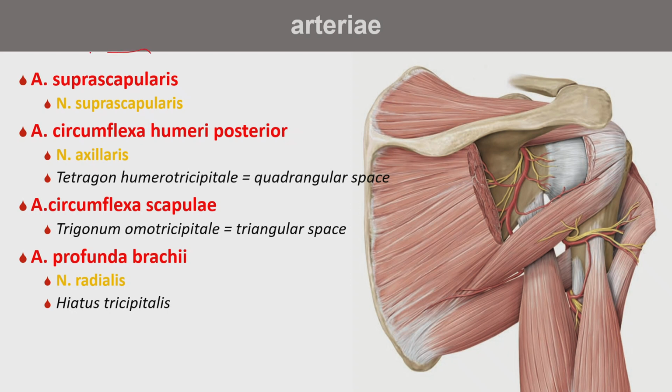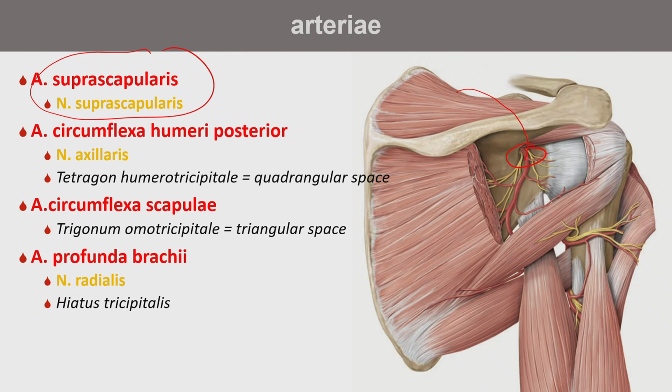The first is this notch. I have noted the notch of the scapula where the suprascapular artery and nerve pass. Then it goes to the dorsal surface of the scapula below the infraspinatus muscle.